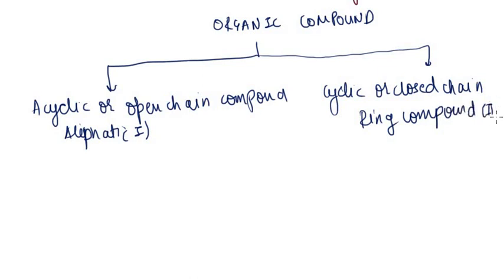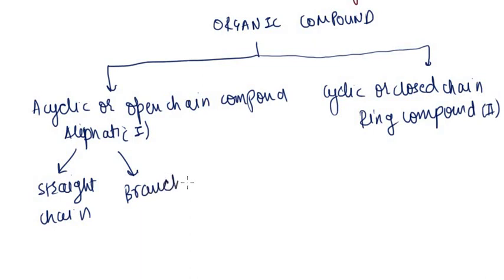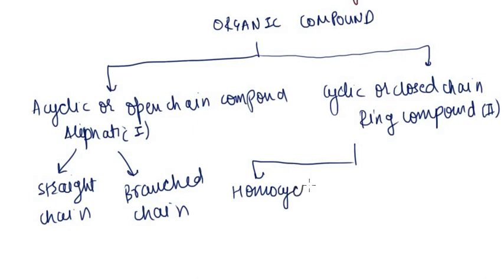Now aliphatic is categorized into straight chain and branched chain, whereas cyclic is categorized into homocyclic and heterocyclic compound.